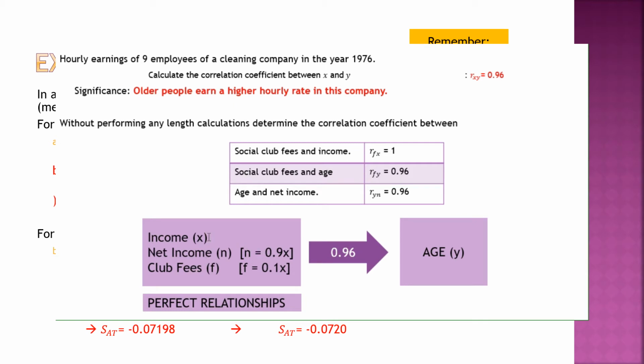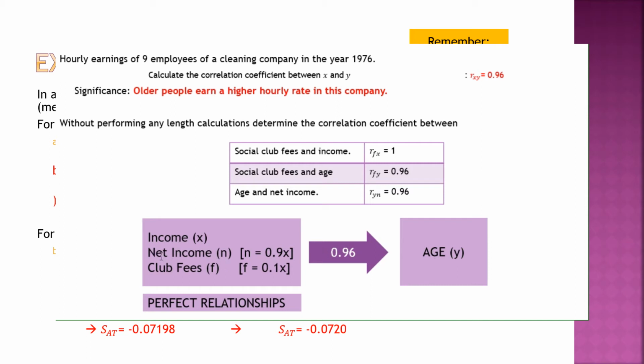So between income and age, just now you calculated 0.96, right? That means between net income and age, and between club fees and age is also 0.96. It won't change. Understand? If income had another input inside here, that input also would be 0.96. If income and age is 0.96, everything inside income and age will also be 0.96.